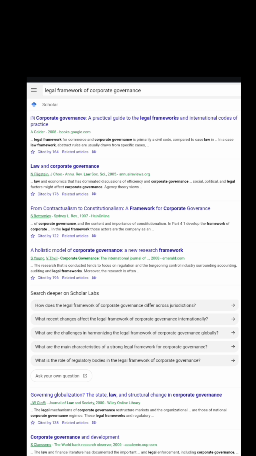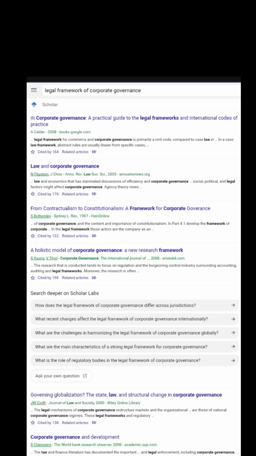So this same goes to any department, faculty of yours, medicine, business, economics, and so on. So it doesn't really mean that it is just law that is viable for Google Scholar.